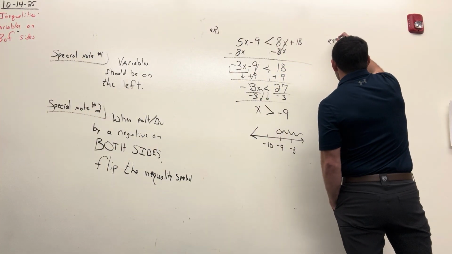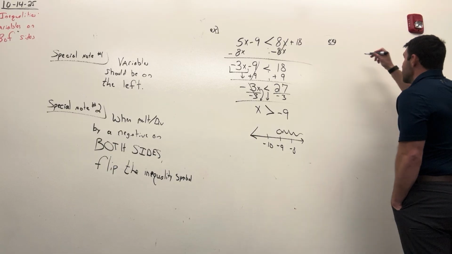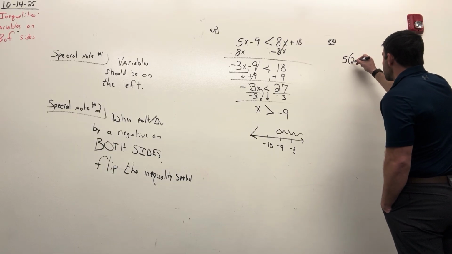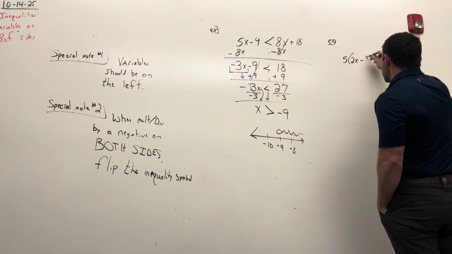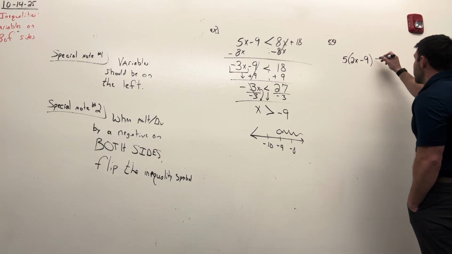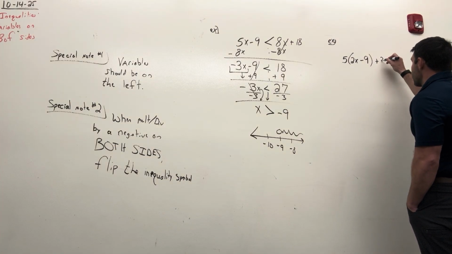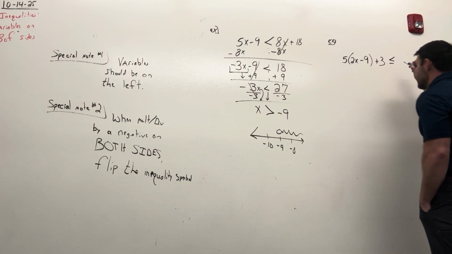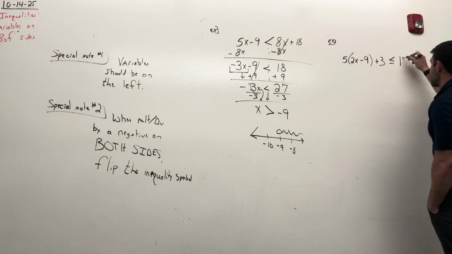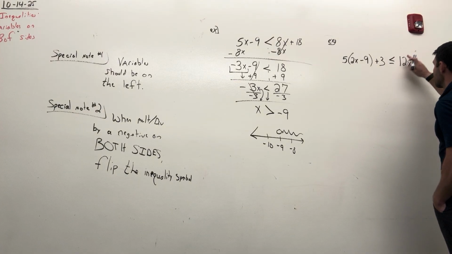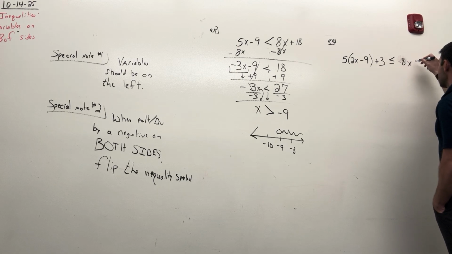Let's do this one. Little bit tricky. Let's go: 5 times (2x minus 9) plus 3 is less than or equal to... 12. Actually, let's make it, nope, stop it, Mr. H. You stop it. -8x, nope, stop it.